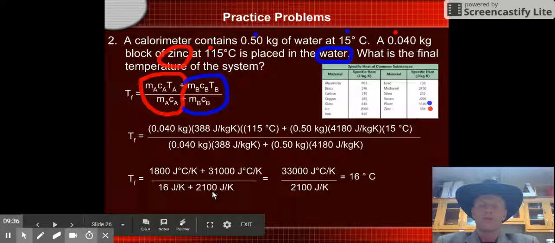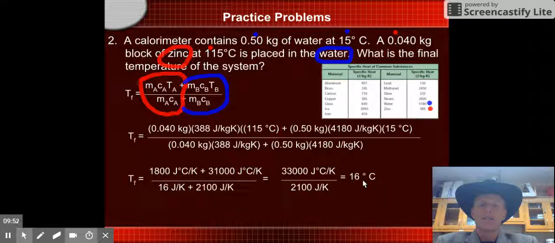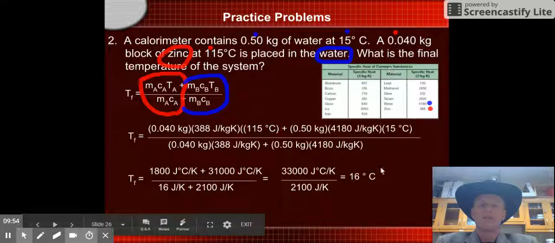Those are the results according to sig figs. Then you add the tops to get this number, and then you divide, working sig figs the whole way through. You get 16 degrees C. So what is the final temperature of the mixture? 16 degrees C.